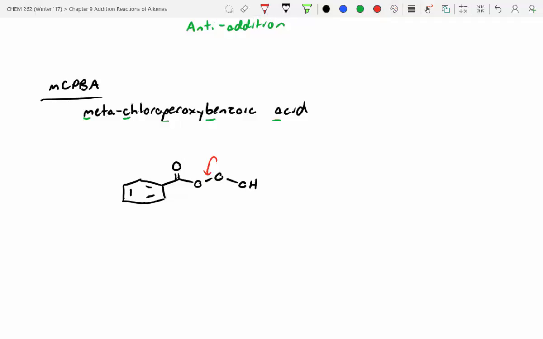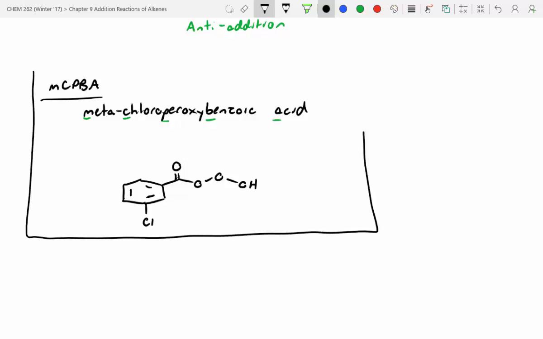And then the chlorine in this case is going to be in this position, which is referred to as a meta-substituted benzene. And we'll go over how to name benzenes when we reach that chapter. But this is MCPBA. And this is a really commonly used reagent anytime you want to accomplish anti-dihydroxylation.